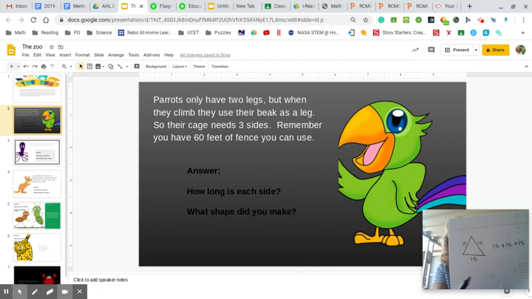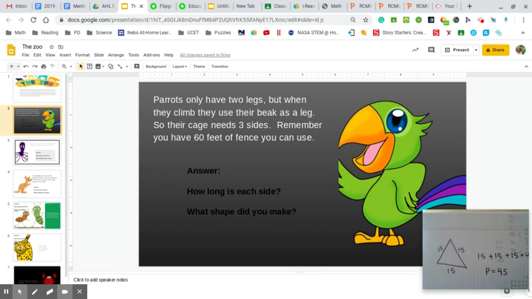Here's my shape. 15 plus 15 is 30. Plus 15 more is 45. So have I used 60 feet or less? Yes, I have. So here we have a picture of my shape and my math to figure out perimeter. So my perimeter equals 45. So there's my first slide done.